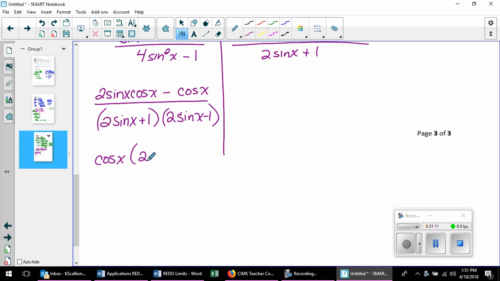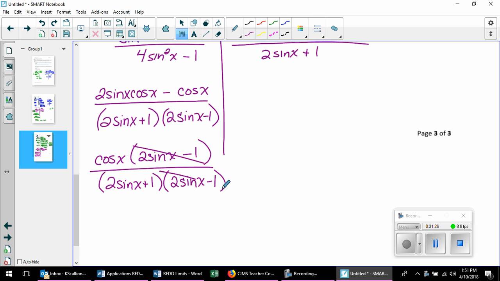And we're left with 2 sine x minus 1 over 2 sine x plus 1. It took some factoring. Not too much else I can do here. So I'm going to leave that there.